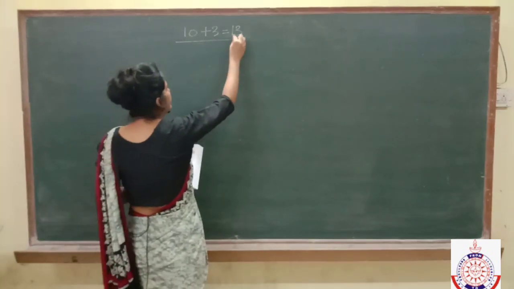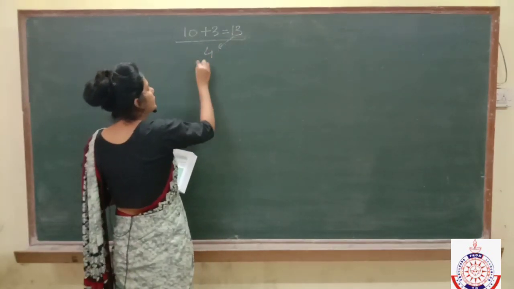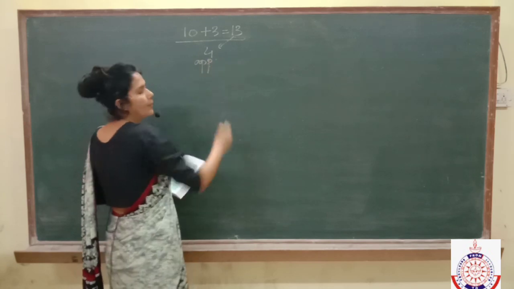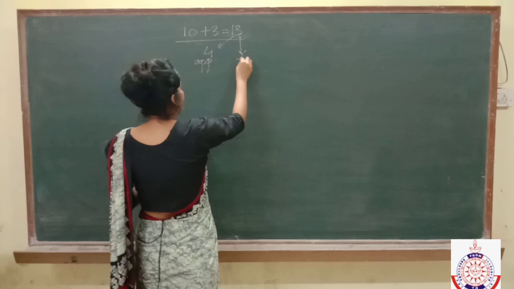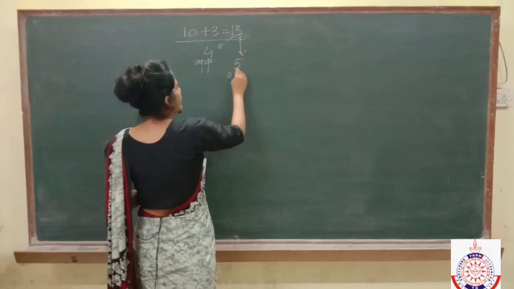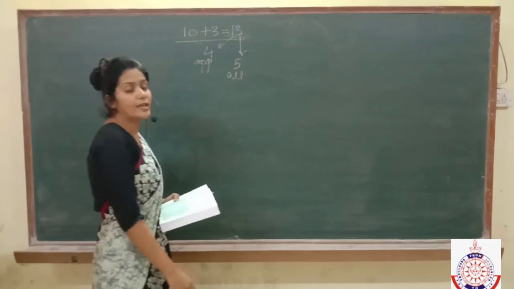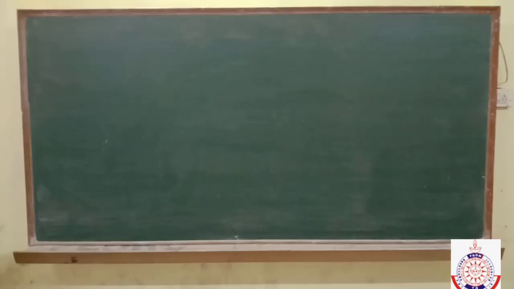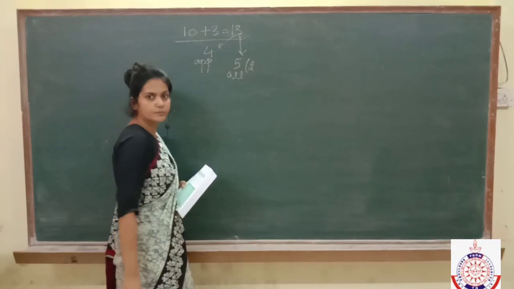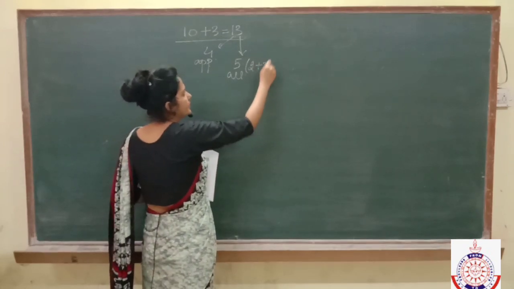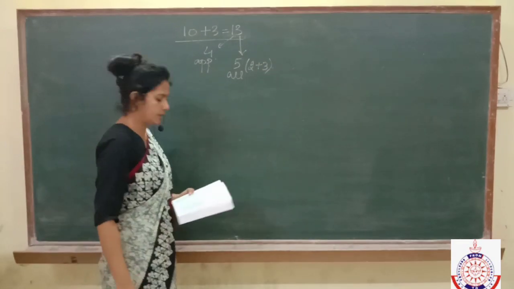Out of 13, 4 rupees they are going to call on application. Then 5 rupees they are going to call on allotment. But this 5 rupees includes premium also. It means the actual amount of allotment is rupees 2 only. 3 is the premium.